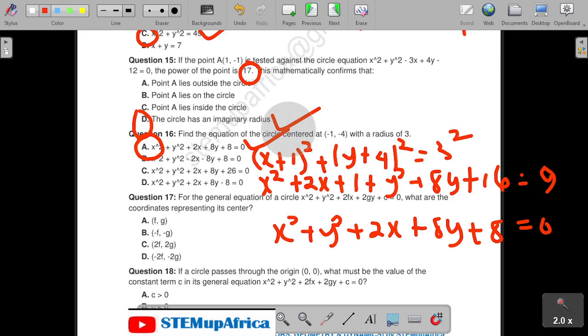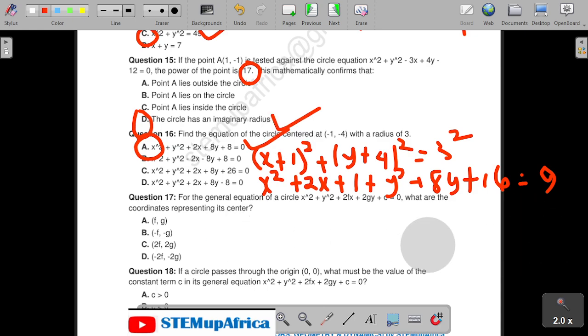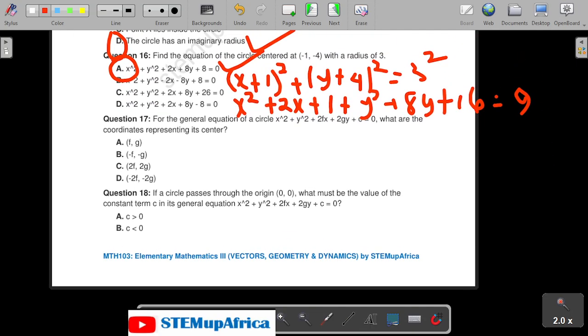Then let's check number 17 and see what we have there. Find the general equation of a circle; which are the coordinates of the center? The coordinates of the center should be minus f and minus g.